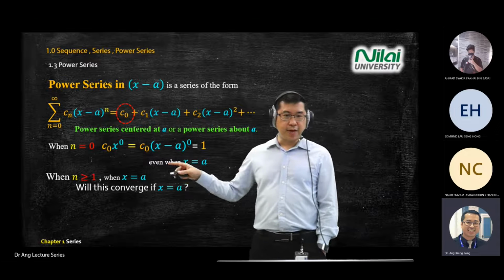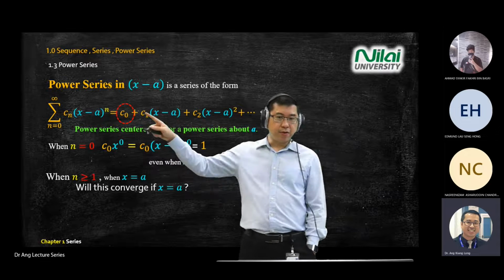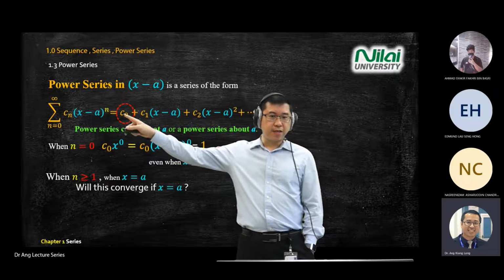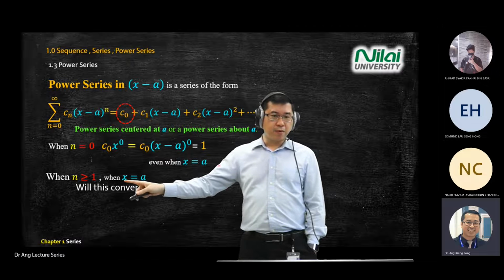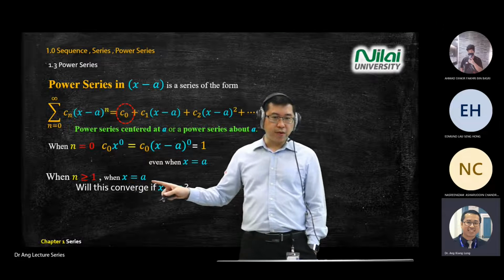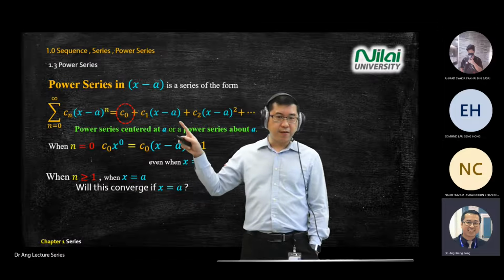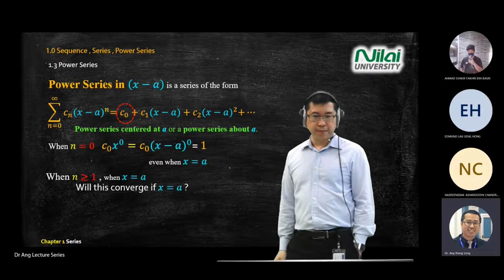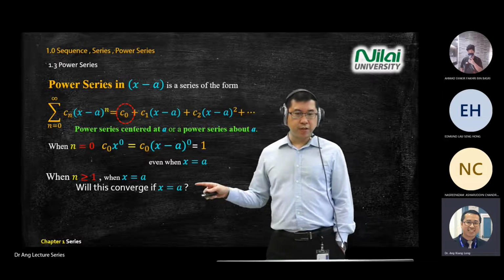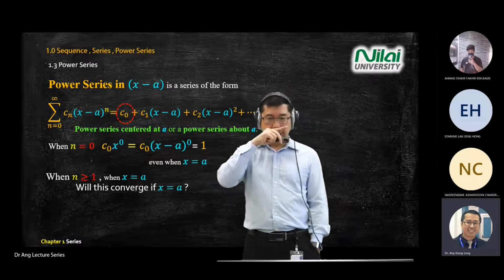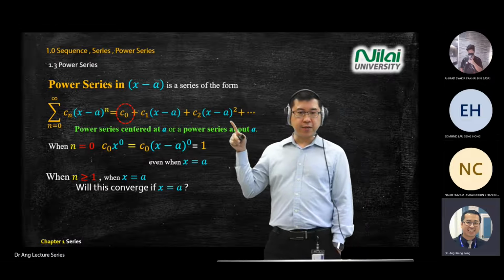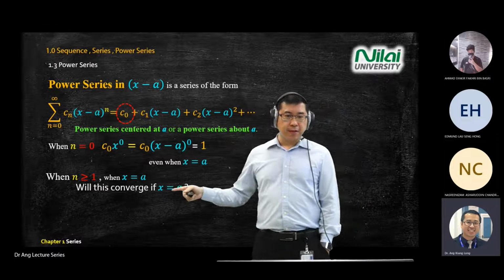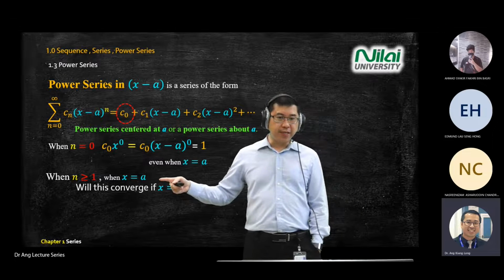What happens if your n is more than this in this equation? If your n here, the yellow n, is more than or equal to 1, when x equals a, what happens to this equation? Will it converge if you increase your n? Try to have a look at this equation. What happens if I increase our n?